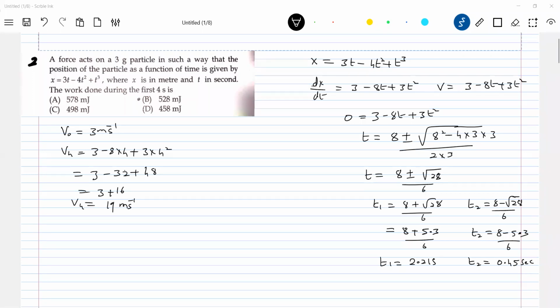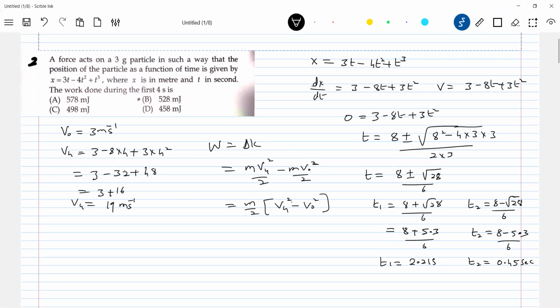But according to the work-energy theorem, change in kinetic energy, can we apply this? This will be much easier, no? What is v4? Apply this and check the answer.